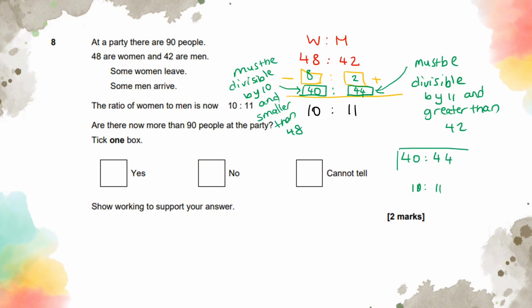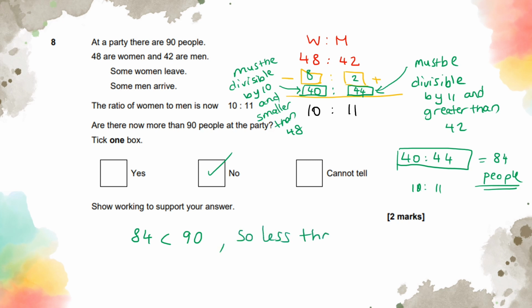So if I've got 40 women and 44 men, that means I'm going to have 84 people in total. So it is going to be 84 is less than 90. So no, there aren't going to be 90 people at the party. Okay, so we'll say less than 90. There you go. And this is how we get full marks from this question.